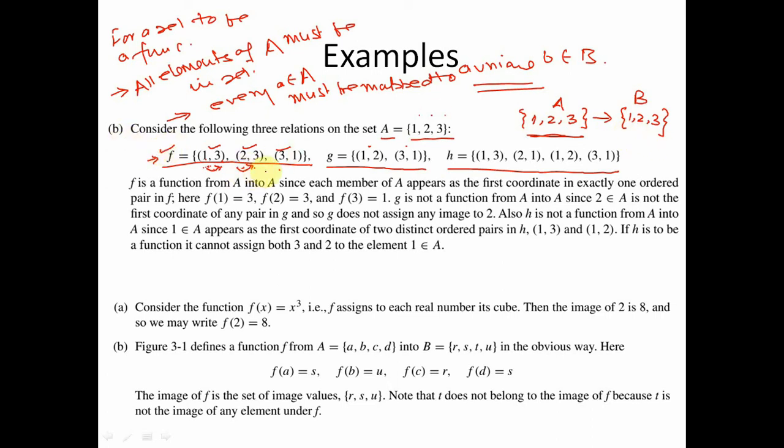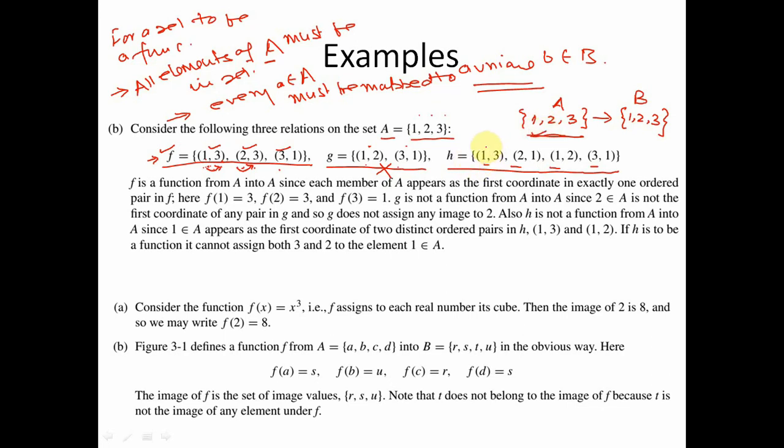Let's see this G. Now only two elements, 1 and 3, are participating from A. So this is not a function. Why? Because the first condition is not being satisfied. Right? Let's see once again. Here (1, 2), (1, 3). All the elements of set A are participating, so the first condition is satisfied.